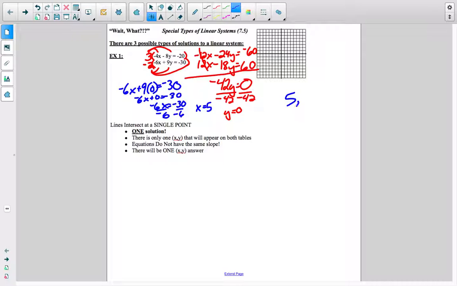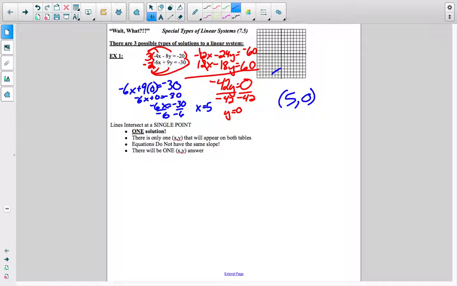So what does this mean? It means that the one solution these two equations have in common is exactly 5, 0. On a graph, that would show up in both tables. If I made a table of all the solutions for the top equation and a table of all the solutions for the bottom equation, which would be a huge list that goes on forever, this is the only value that would be on both lists.